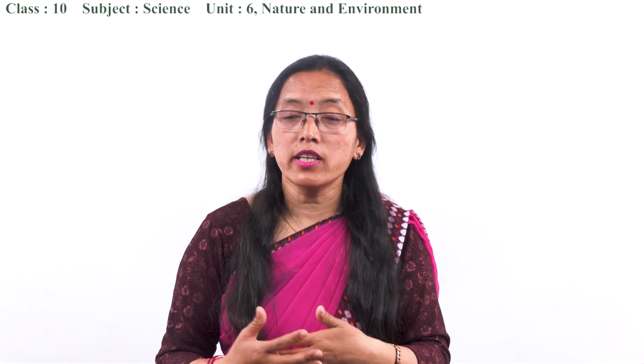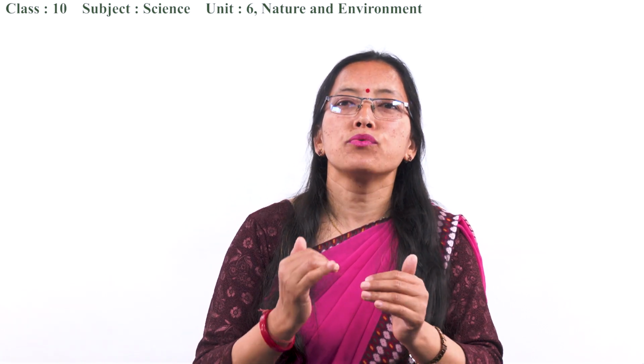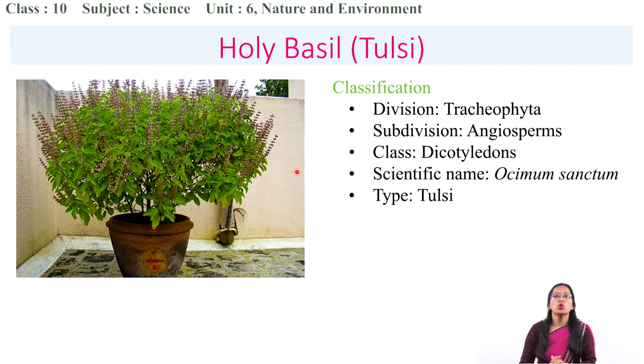In our course there are different medicinal plants given in our text and curriculum. In our local level also there are various kinds of medicinal plants, and out of those we discuss some plants today. The first one is holy basil, or tulsi.